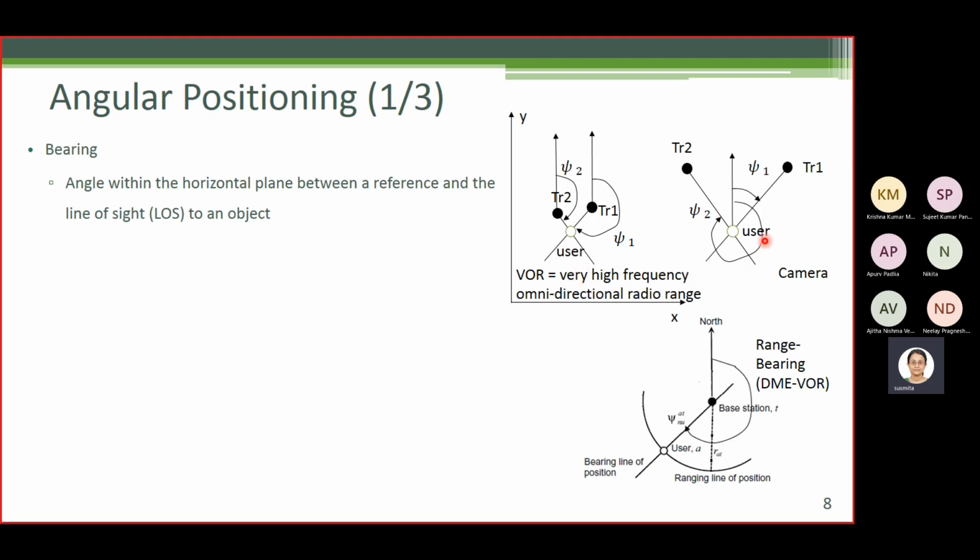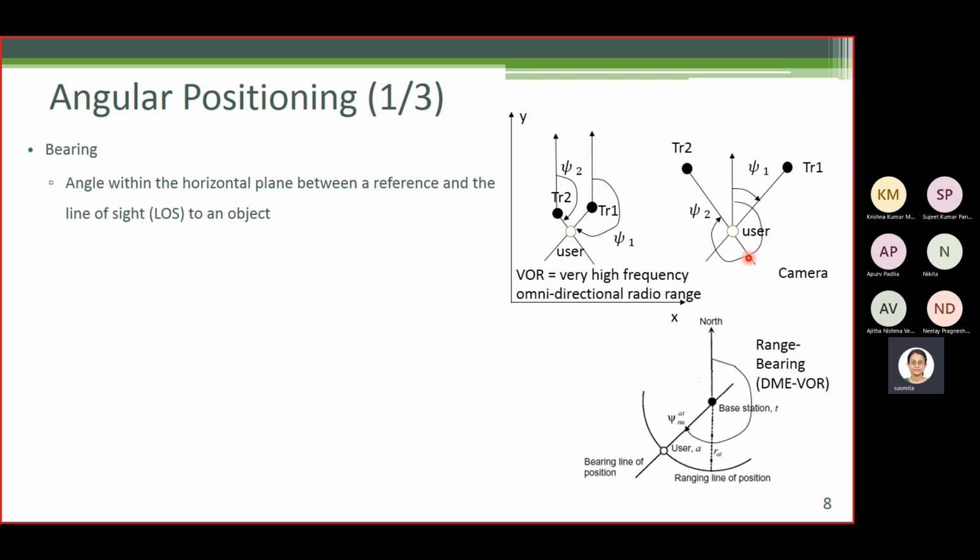Now an example of this method is the camera. Basically, positioning with a camera is angular positioning. Using reflected signals from environmental features, images of the features are developed on the camera detector.